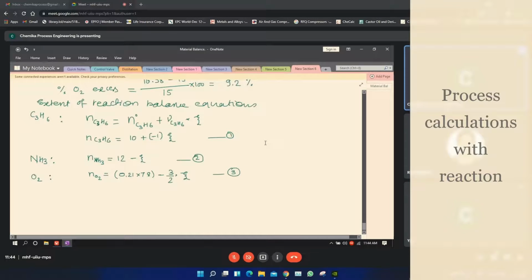So for acrylonitrile, C3H3N is equal to inlet, how much is its inlet? It is 0, right? Now its coefficient will be +1, so stoichiometric coefficient is +1 and this will be this much.